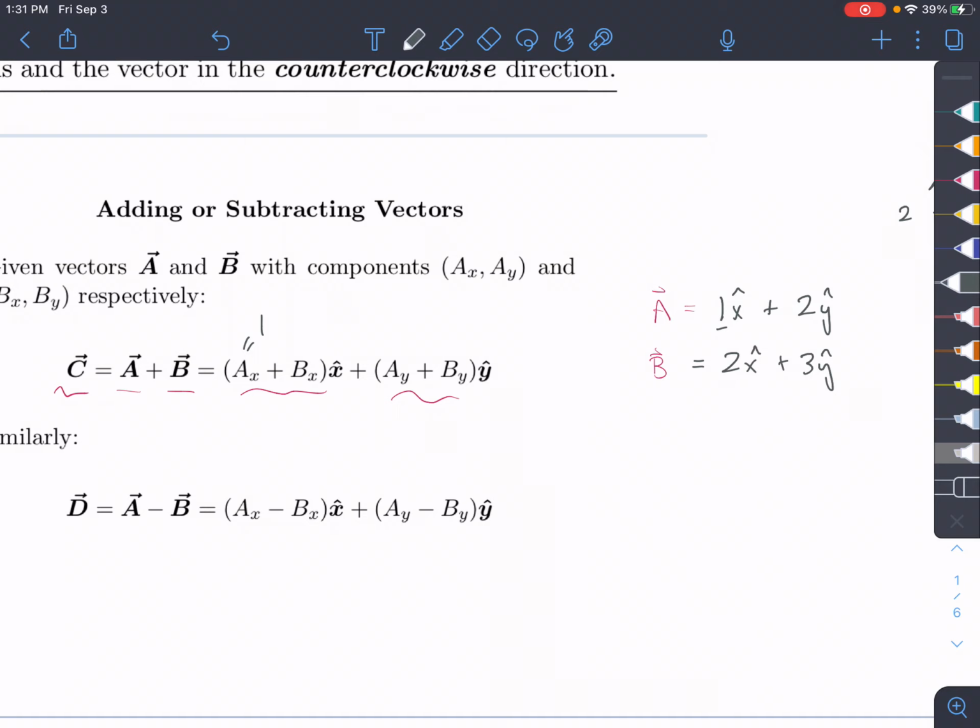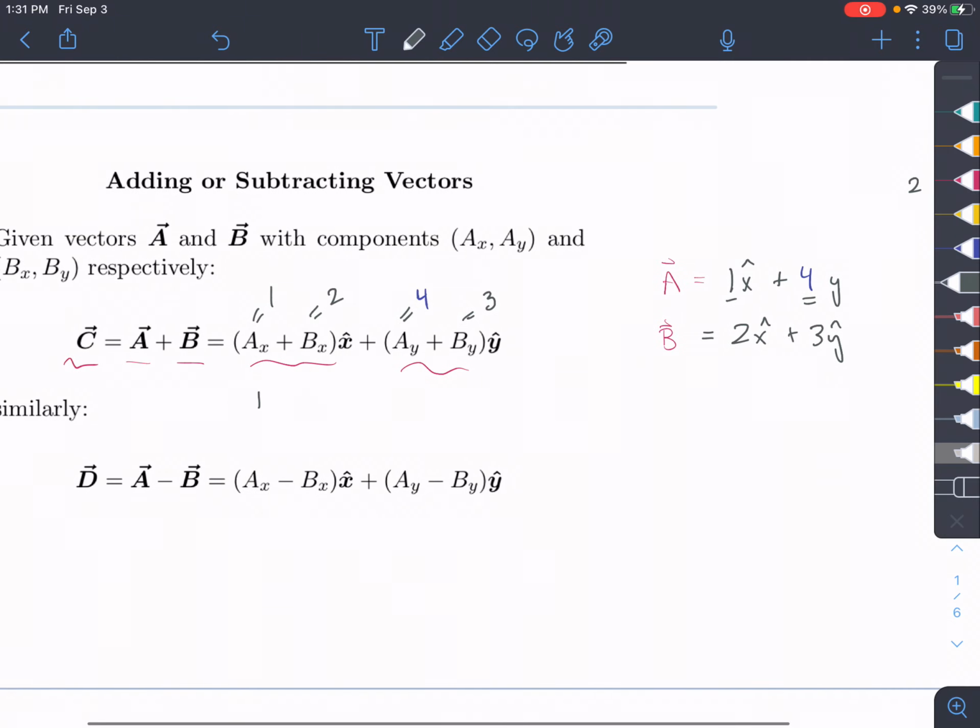And then for my Ay component, I have 2, or maybe I'll make it a different number so that it's easier to follow the math if someone's not watching this. I'll make this 4, okay? So Ay is equal to 4, and then By is equal to 3.